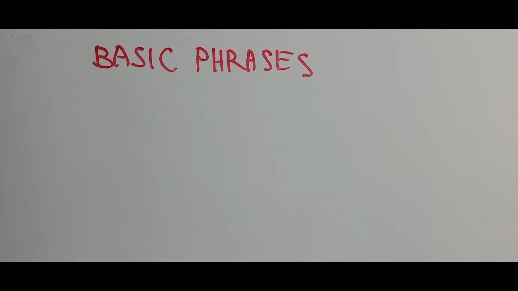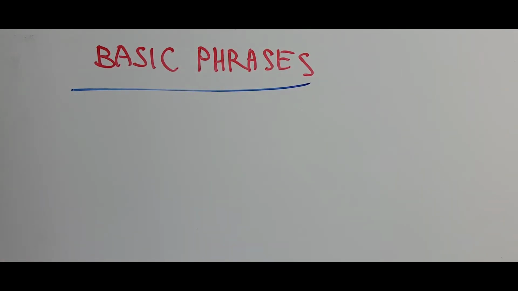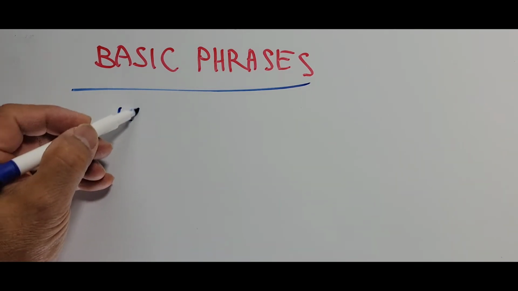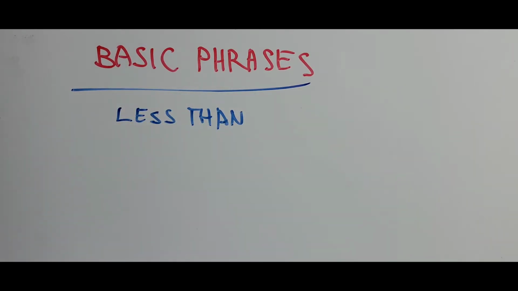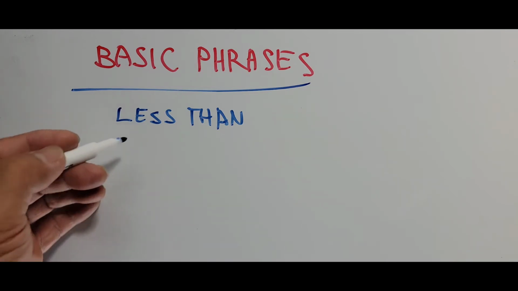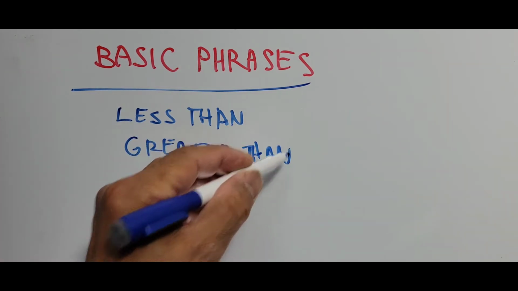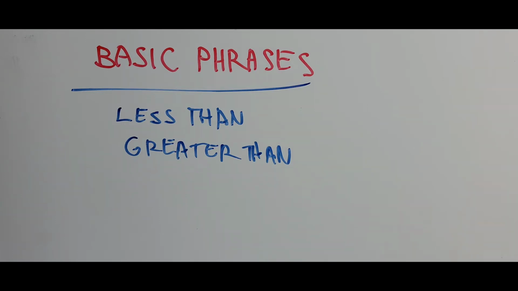Now let's start with writing basic phrases. What does it mean by basic phrases? Operation signals, we call those, like let's say less than. Those are basic phrases to introduce or signal the operation that needs to be taken in simplifying expressions. Less than or greater than, and a lot more, like fewer than, or 5 fewer than 8, things like that.